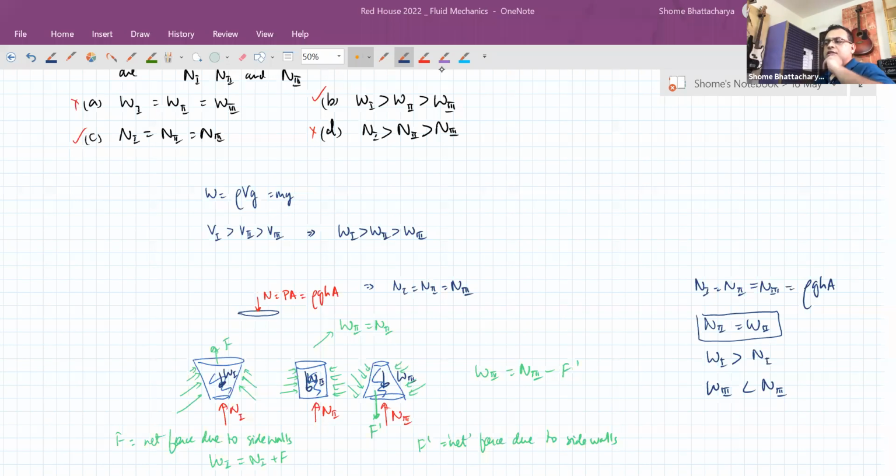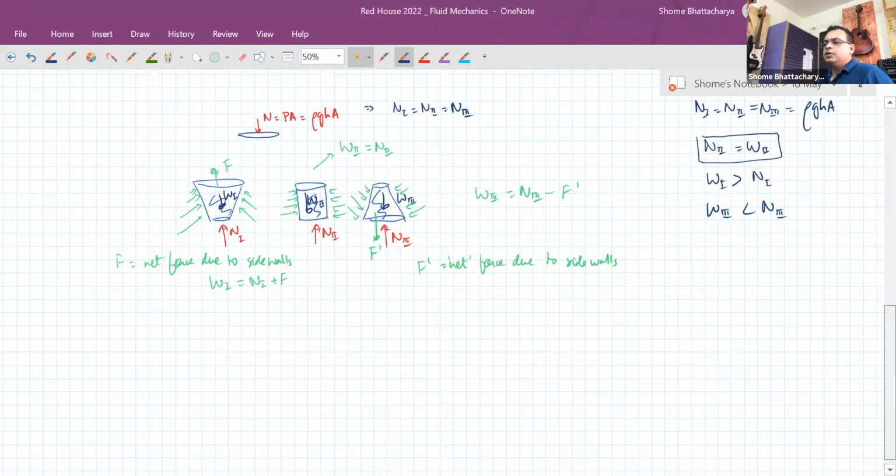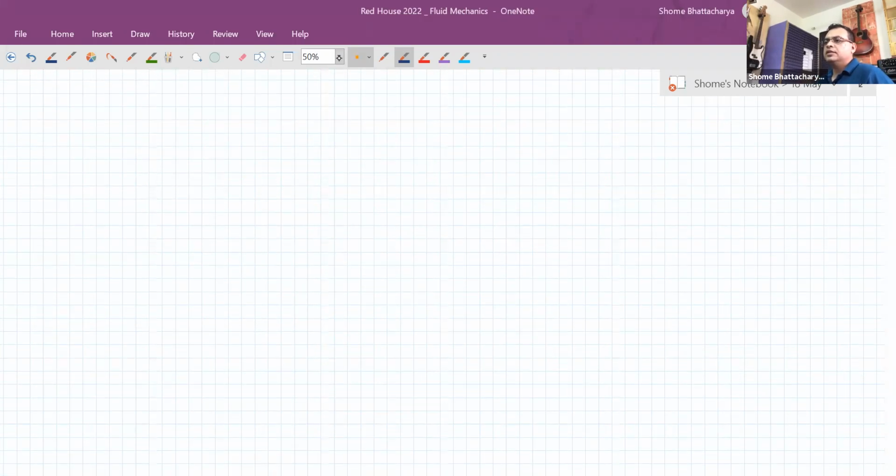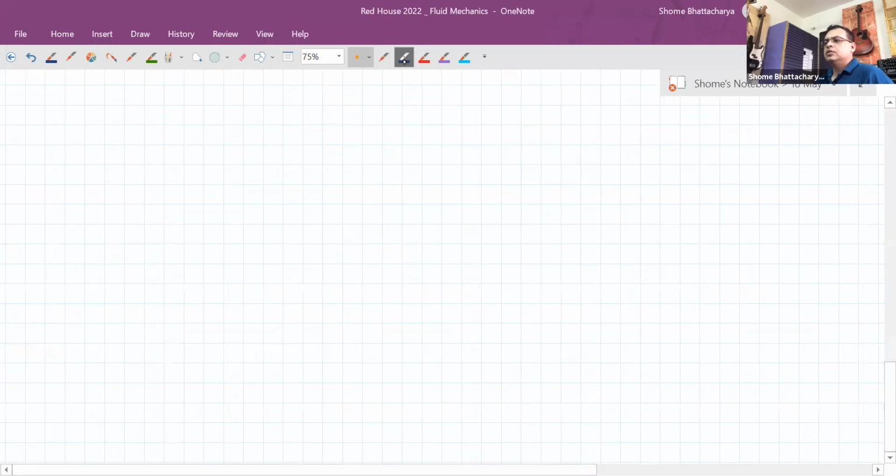Okay, so let's look at the next property of a static fluid, of an ideal fluid which is at rest. So the next principle we'll study is Pascal's law. The statement of Pascal's law, I'm sure you know, suggests that any change in pressure created in a fluid is transmitted equally to all points inside it. Okay.